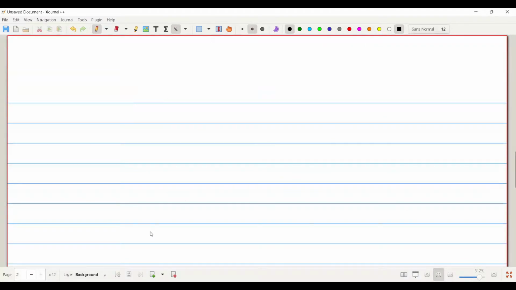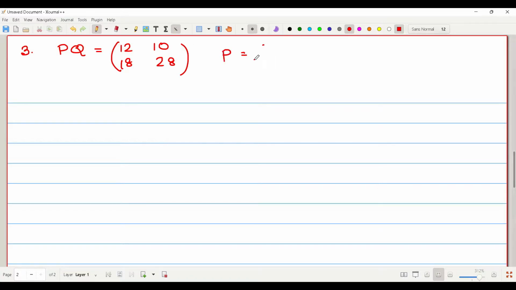So the next problem, question number 3. We have PQ given as [12, 10; 18, 28], whereas P has been given, that is [1, 3; 5, 7].